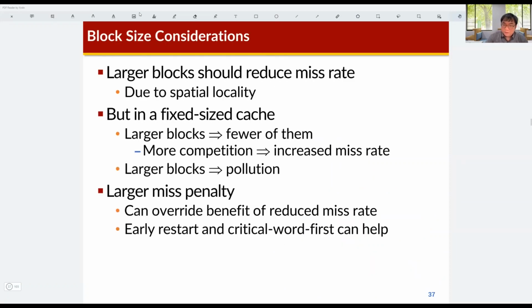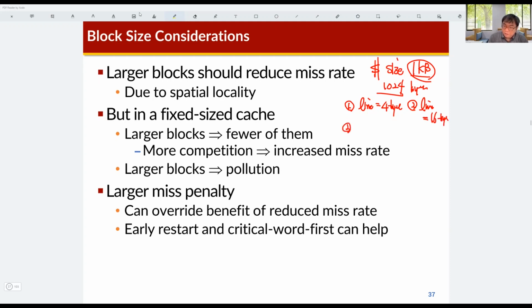My question is that the cache size may be the same. Let's assume that the cache size is 1 kilobyte, that means 1024 byte. The first cache has a block size of 4 byte, and the second cache has a cache line size of 16 byte.